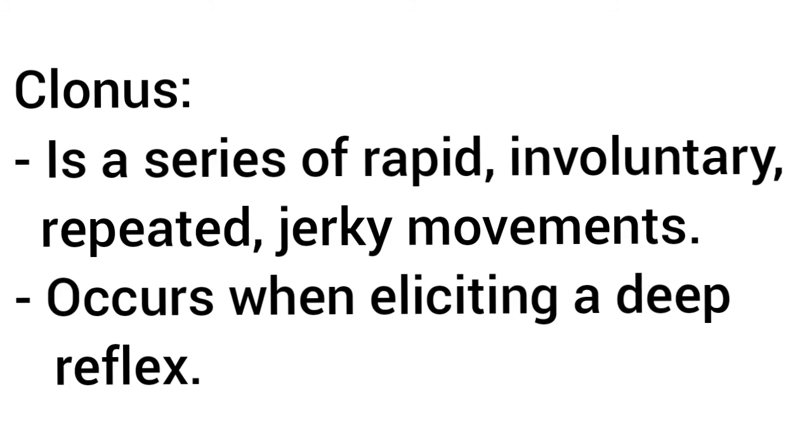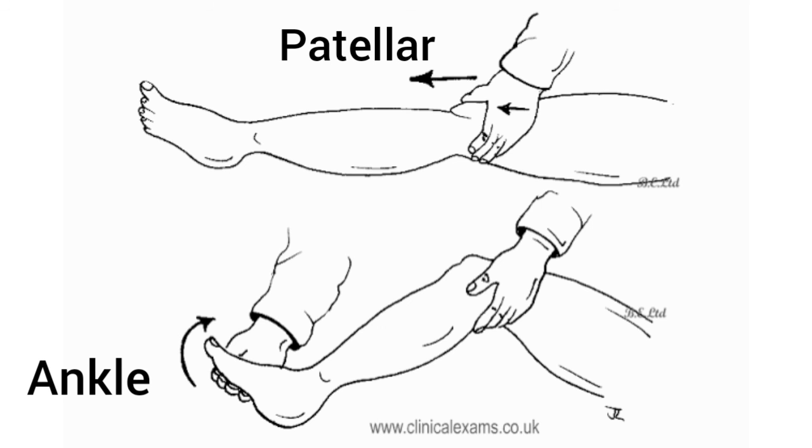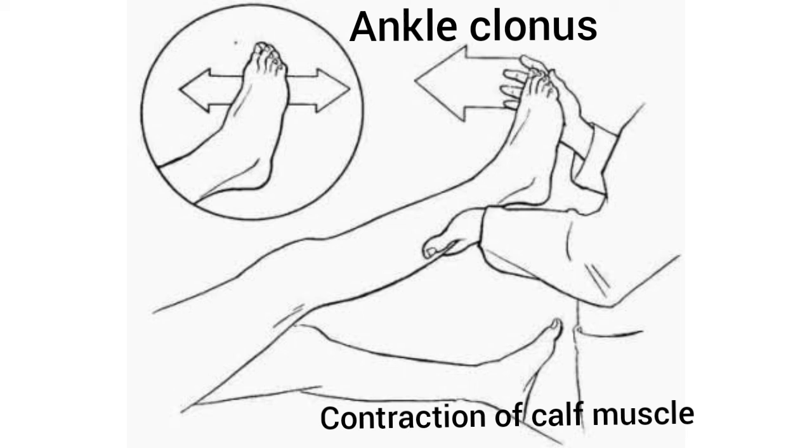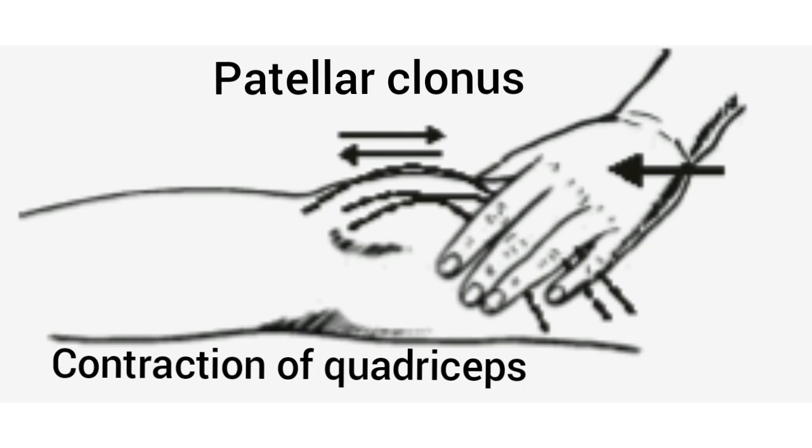Clonus is the series of rapid and involuntary repeated jerky movements when eliciting a deep reflex. Types: ankle clonus and patellar clonus. Ankle clonus, the contraction of the calf muscles causing dorsiflexion of the foot, and patellar clonus is clonic contractions of the quadriceps muscle.